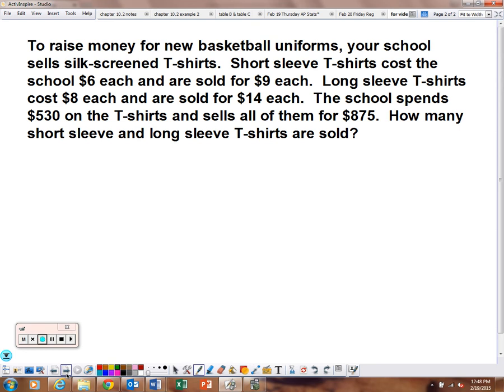All right, so I'm going to define my variables. X is going to represent short sleeve. Y is going to represent long sleeve. If you would rather use different variables, go ahead. All right, we've got two different situations occurring here.